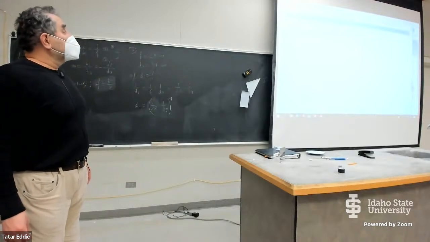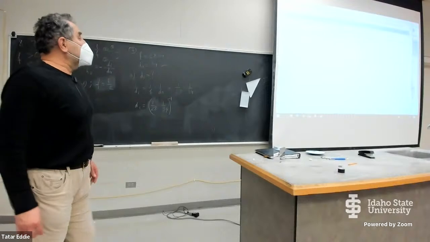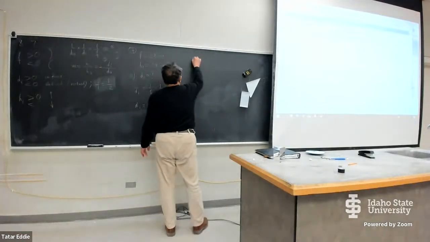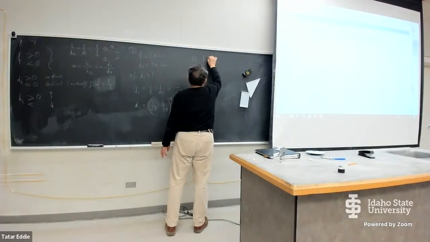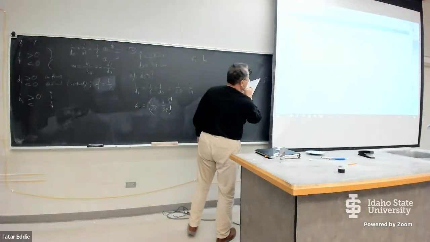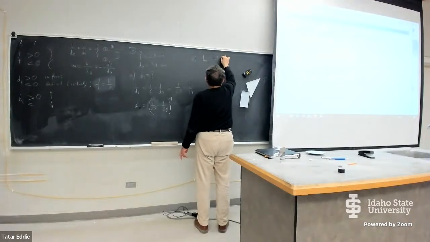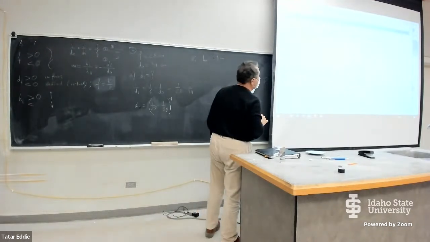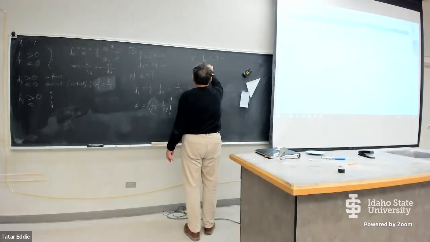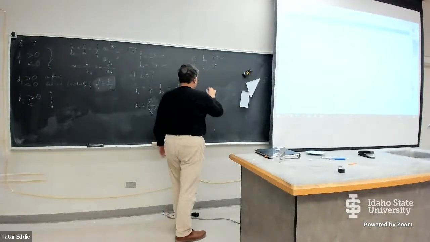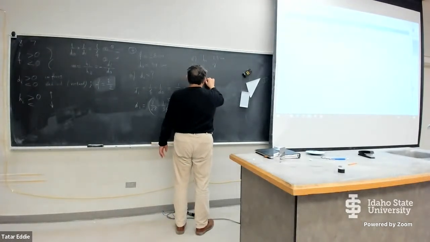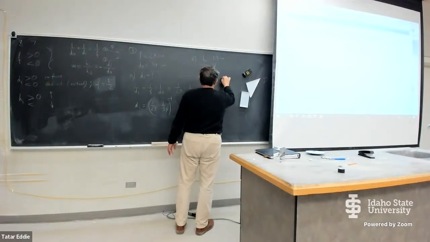Part B. They say that the height of the object HO is given, 1.3 centimeters. They want you to figure out the height of the image. Of course, you know that HI divided by HO is equal to negative DI divided by DO.